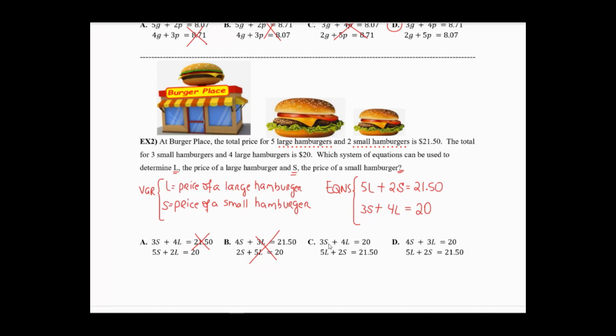This one here, 3S plus 4L equals 20, that matches. 5L plus 2S equals 21.50. That matches, and just to make sure that we got it right, here it says 4S, and there's no 4S there, so we cancel that. So for sure we know it's letter C. So that is the correct answer.